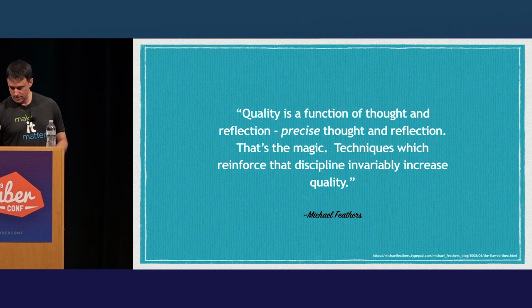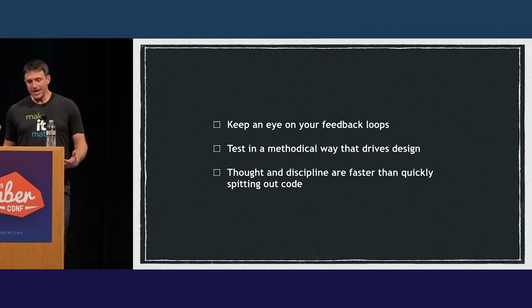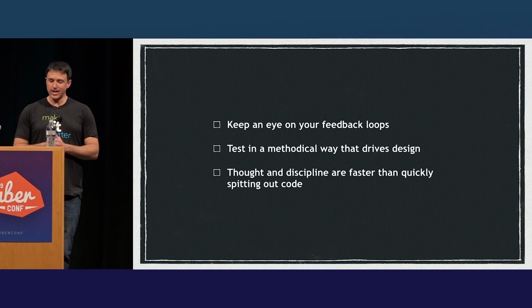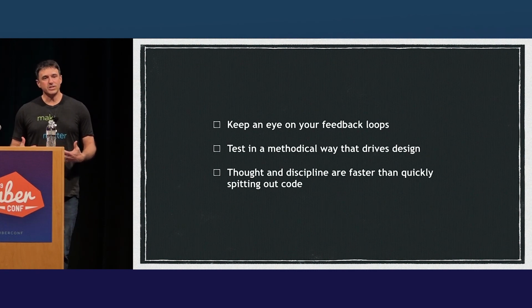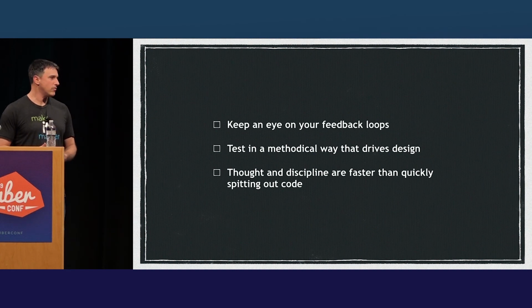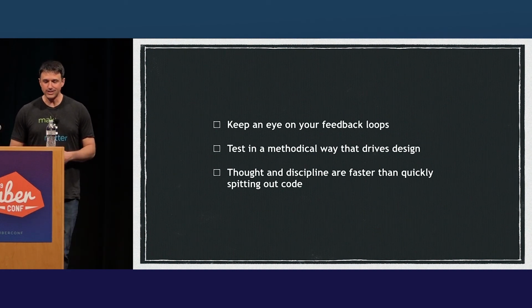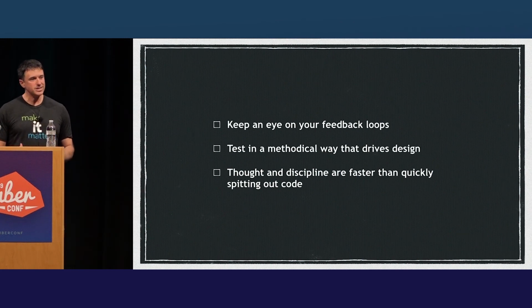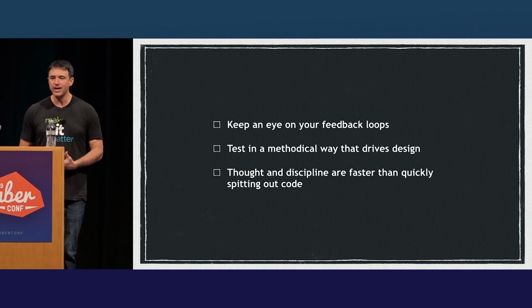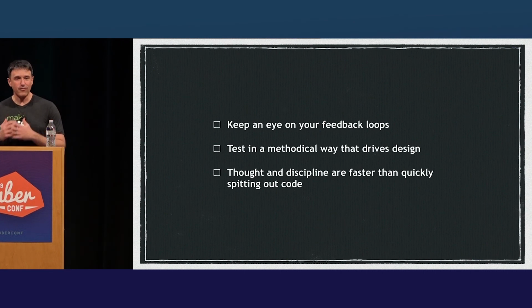So if I had to leave you with anything, or in summary, I guess you could say, keep an eye on your feedback loops. Consider testing, even when you're early, because your project is most likely going to grow, and it can get out of control quick. So if you're making careful decisions about what tests you're doing and how fast your tests are running, it's going to help you maintain this thing in the long run.